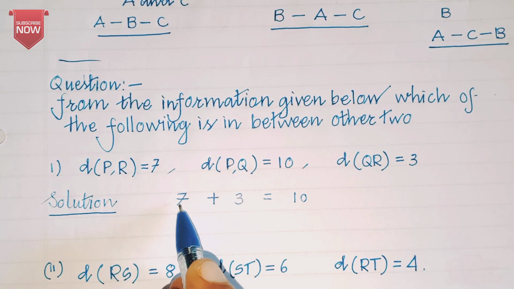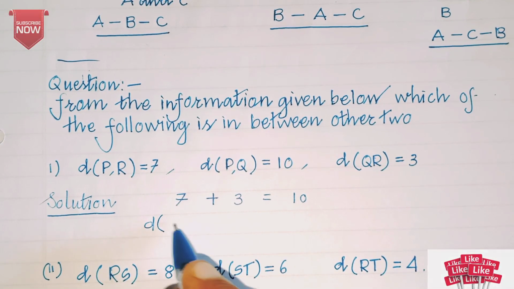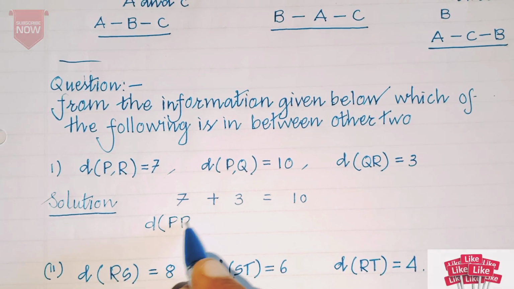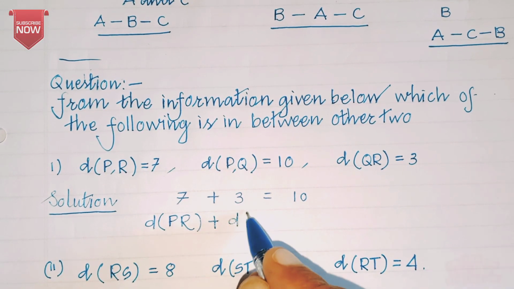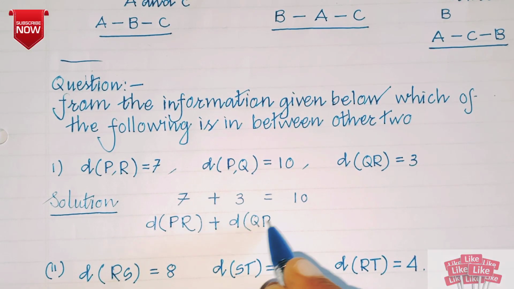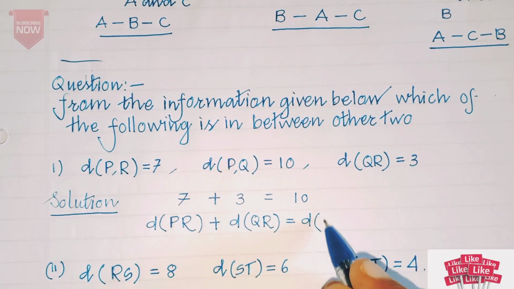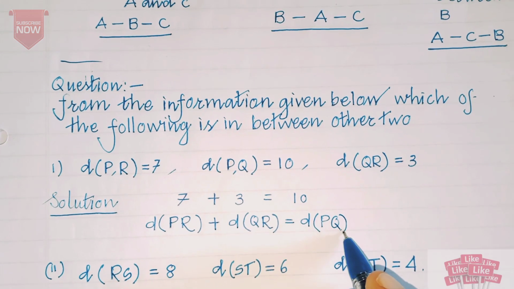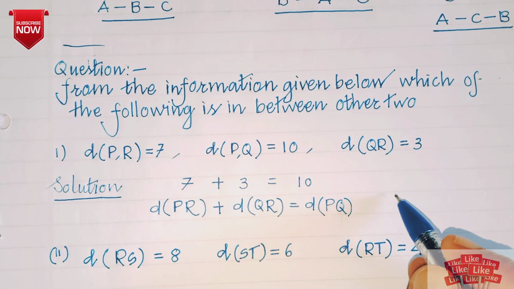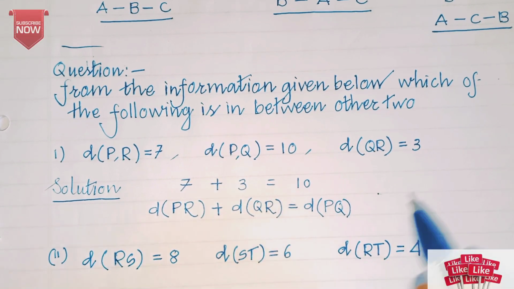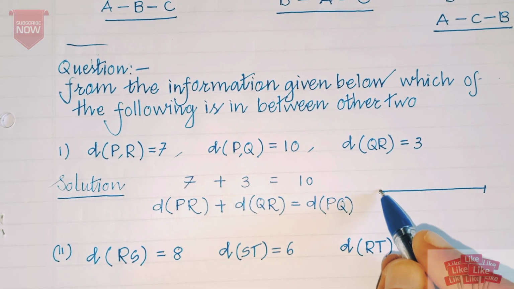Now 7 is the indication of which distance? It is the distance PR. What about the 3? It is the distance QR. What about 10? It is the distance PQ. I see here 7 plus 3. Now from there you draw a figure. It is PQ.